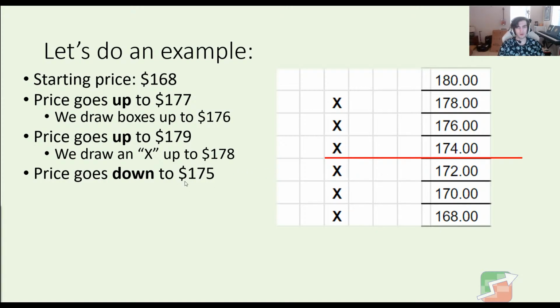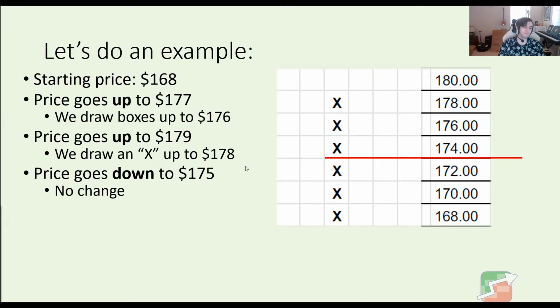So where is 175 here? 175 is still right here in this box. It's above 174, below 176. So we do nothing, because we need to go below 174 in order to reverse from a column of X's to a column of O's.